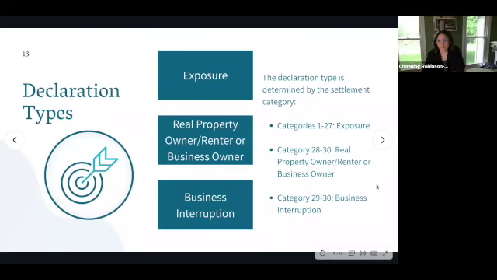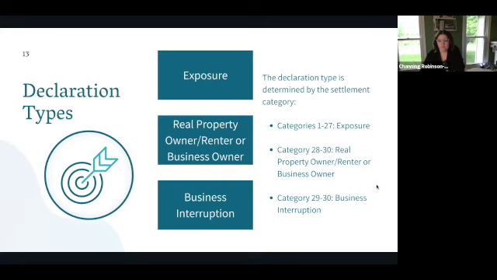It's important to know that when you get your claims packet, just like your registration packet, it had a lot of documents in there. Your claims packet is going to be very similar. There will be a lot of documents in there. You'll have your claims form that Leslie just went over, and then there will be a variety of different declarations.